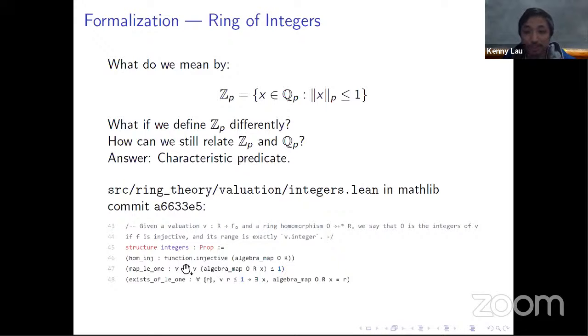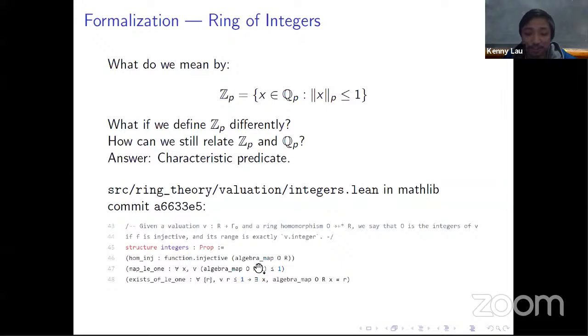We want to quantify over elements. We want first-order conditions, basically, in a very loose sense of first order. So we say that this algebra map is the map from Z_p to Q_p.